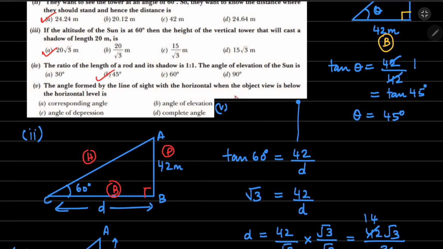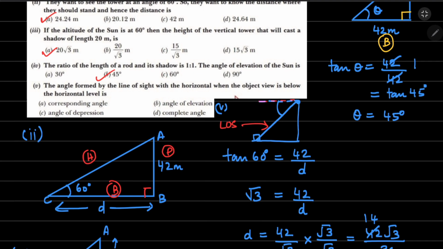The angle formed by the line of sight with the horizontal, this is the horizontal, when the object, this is the object, when the object view is below the horizontal. So what is this angle called? The angle formed by the line of sight, this is called the line of sight, with the horizontal, this is your horizontal.